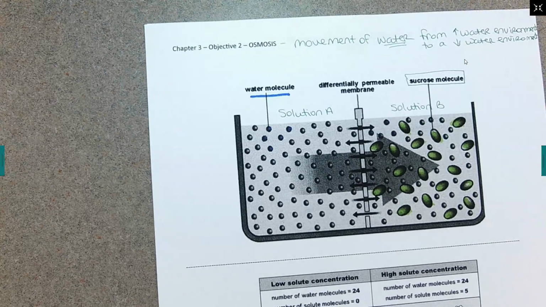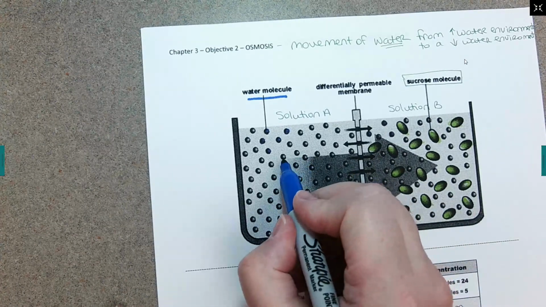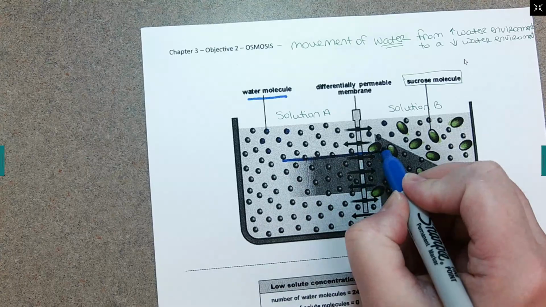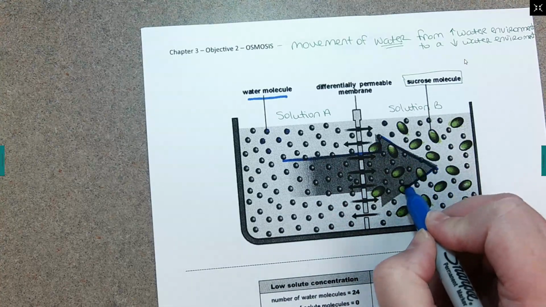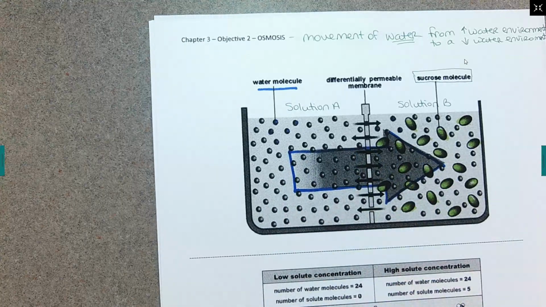And you're like, but wait a minute. There's the same amount of water on both sides. It appears that there is, and there is the same amount of water on both sides, but solution B's got something else going on here with the water molecules. But what you see here, see this arrow right here? This is representing the movement of water. So water is moving from solution A into solution B.